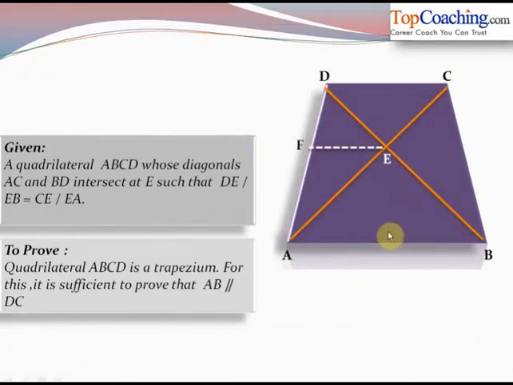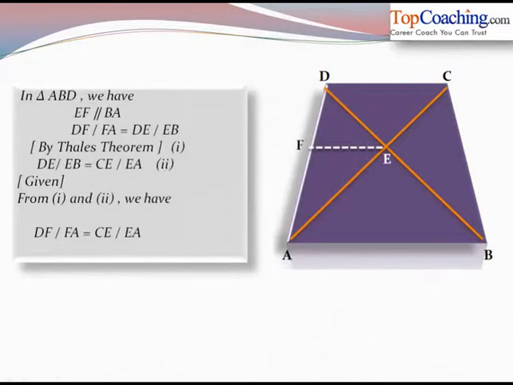Here again we are going to do a construction, and that is, we are going to draw EF parallel to the side AB. So from the point E we have drawn a line intersecting the side AD at the point F, such that this line segment is parallel to the side AB. Now in triangle ABD we have EF parallel to the side AB, so we can use the Thales theorem over here to get DF by FA equal to DE by EB, and let us say that this is equation number 1.